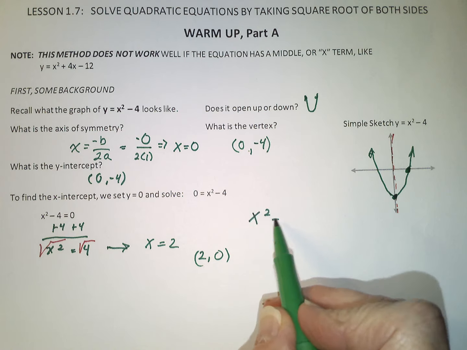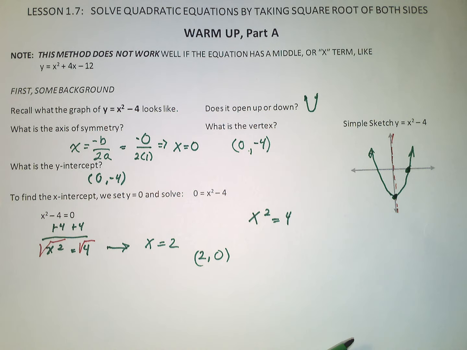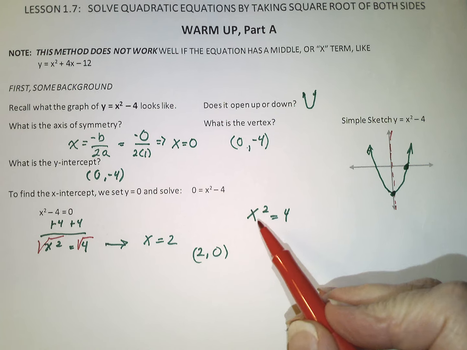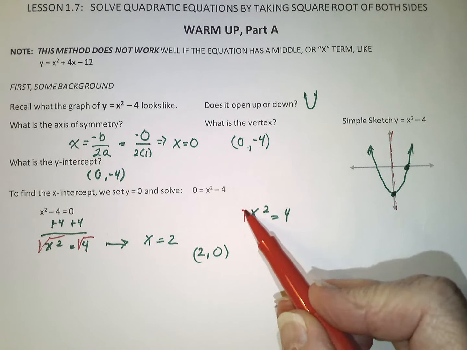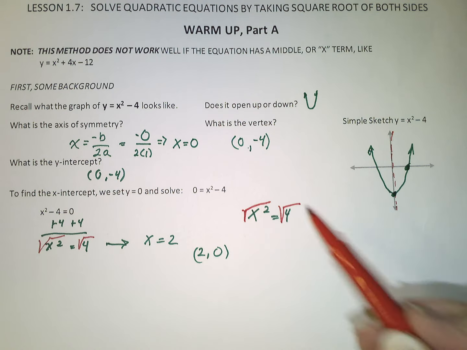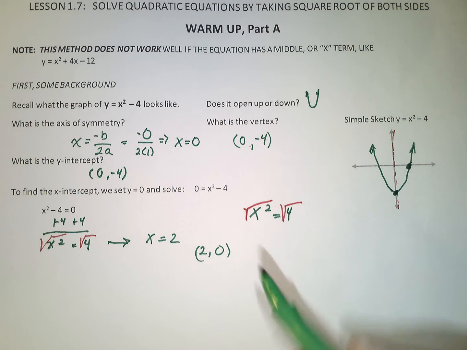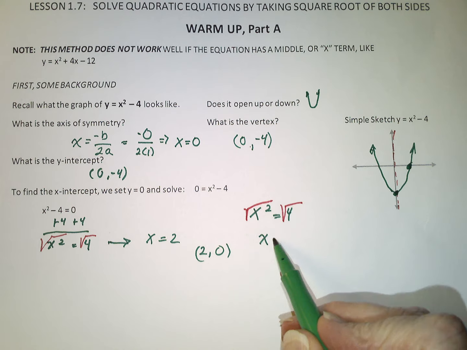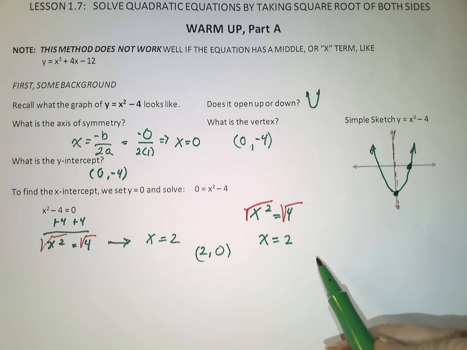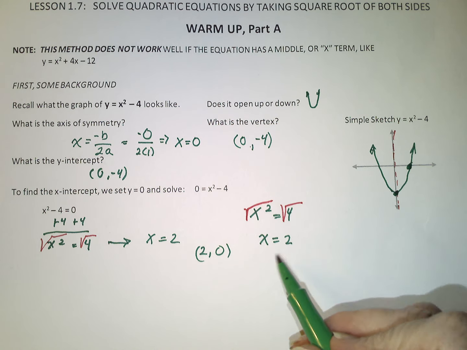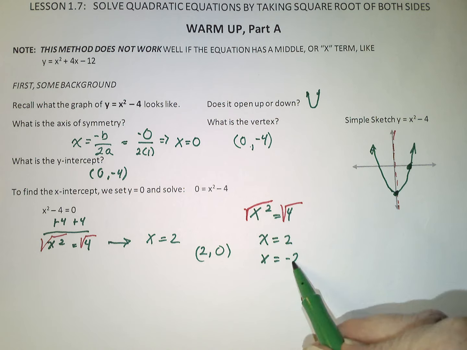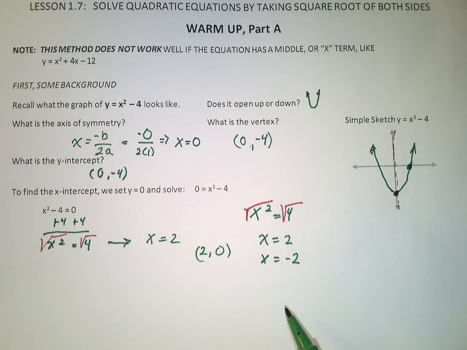Technically, when we take the square root of something that's squared, there are going to be two answers. We could either square 2 to come out to 4, or we could square negative 2 and still come out to 4.